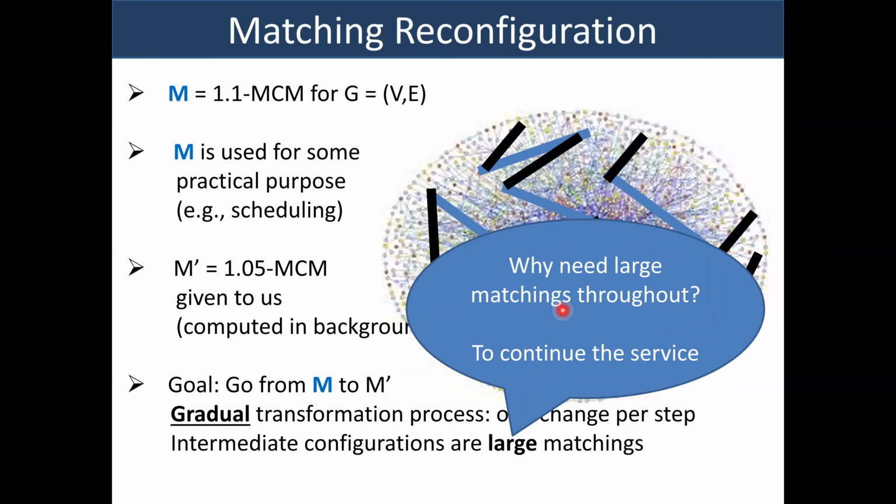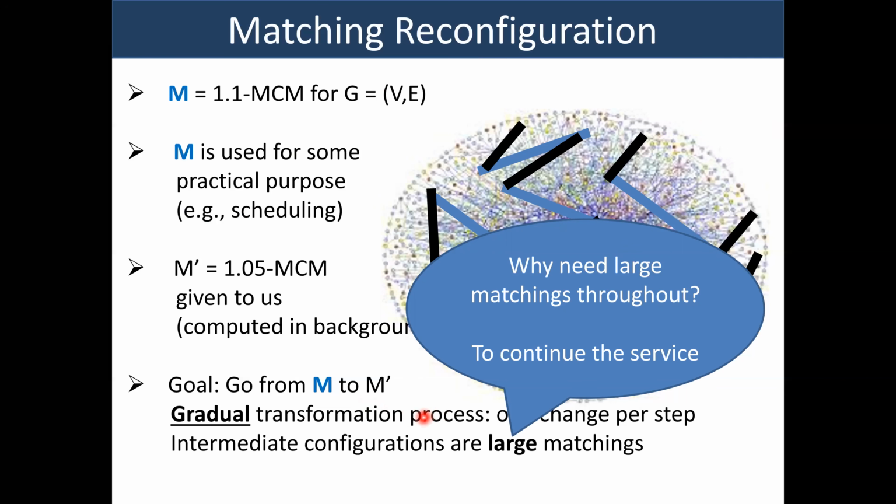And this also explains why do we need to have large matchings throughout this process? Because we would like to continue the service throughout this possibly very slow transformation. And we are continuing this service with the edges of the output matching that gradually changes.